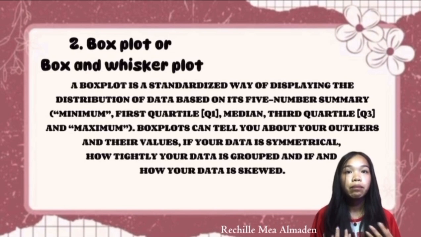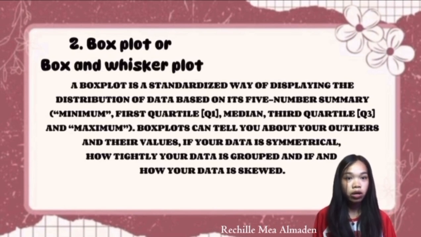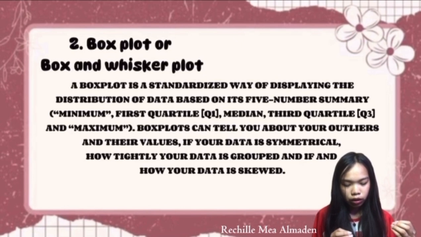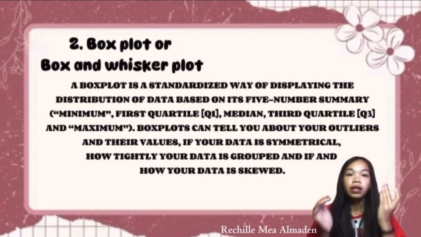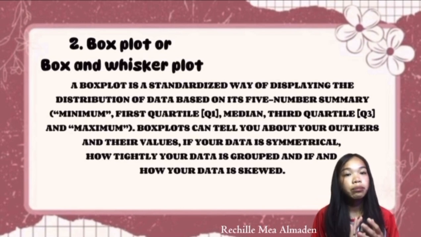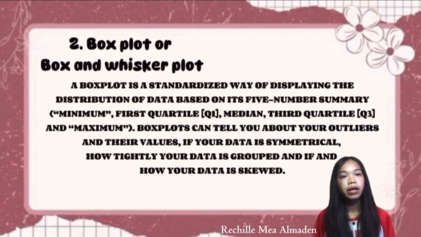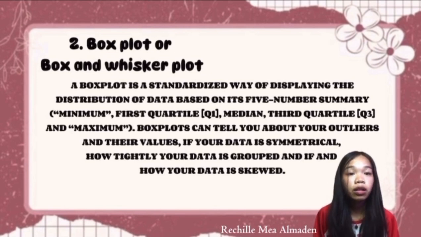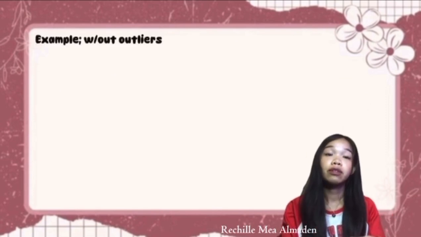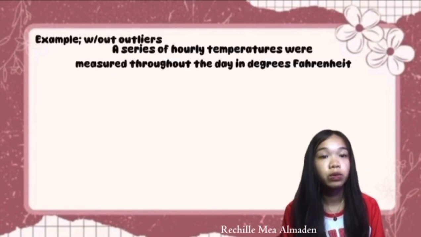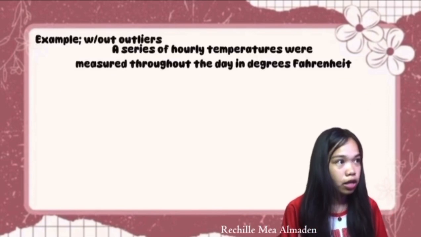So, ang box plot useful kini the way to compare different sets of data. Then the box plot can also be pa-horizontal or pa-vertical. So I give you example of box plot without outliers.